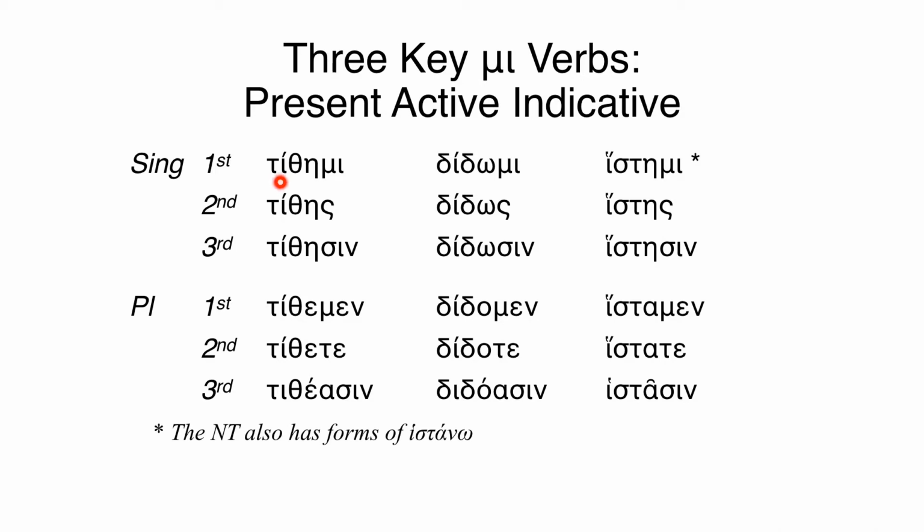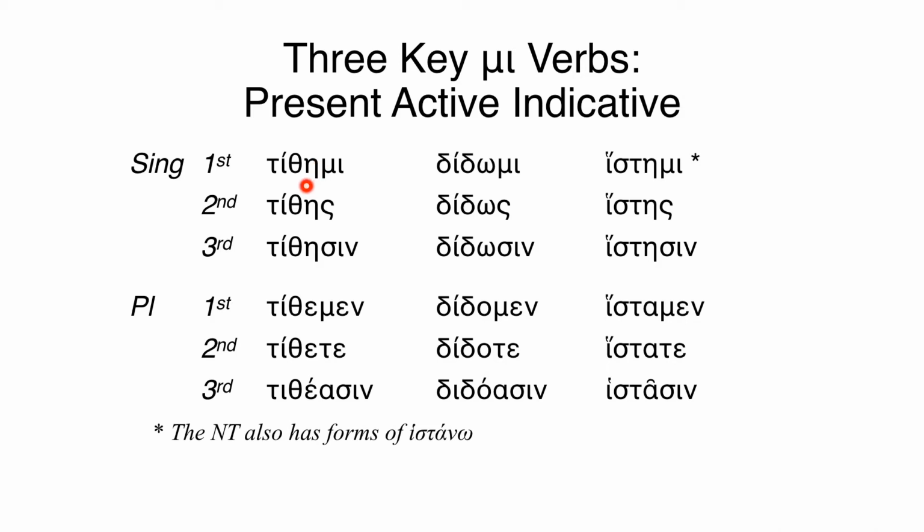In the first person singular, we have tithemi. Second singular, tithes. Third, tithesin. First person plural, tithemen. Second person plural, tithete. Third person plural, titheasin. Now just notice this pattern.